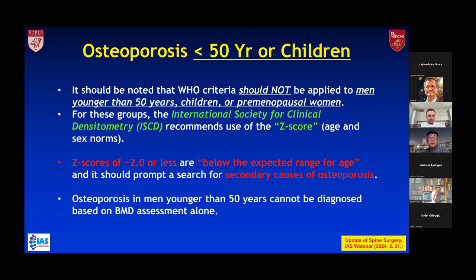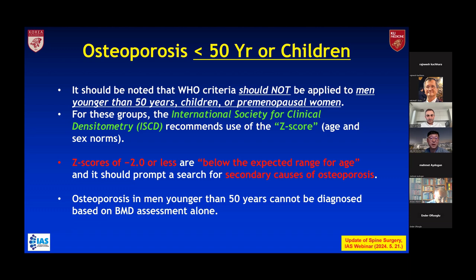What about osteoporosis in premenopausal women, men younger than 50, and children? In those groups, WHO criteria of osteoporosis cannot be used. The International Society for Clinical Densitometry recommended the use of the age-matched Z-score rather than the T-score.